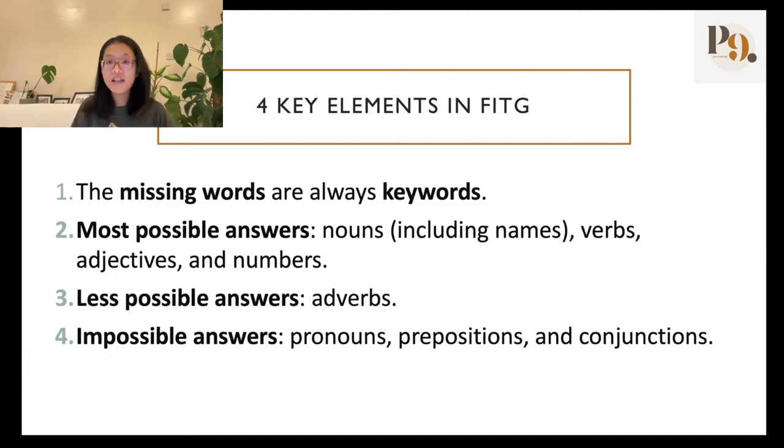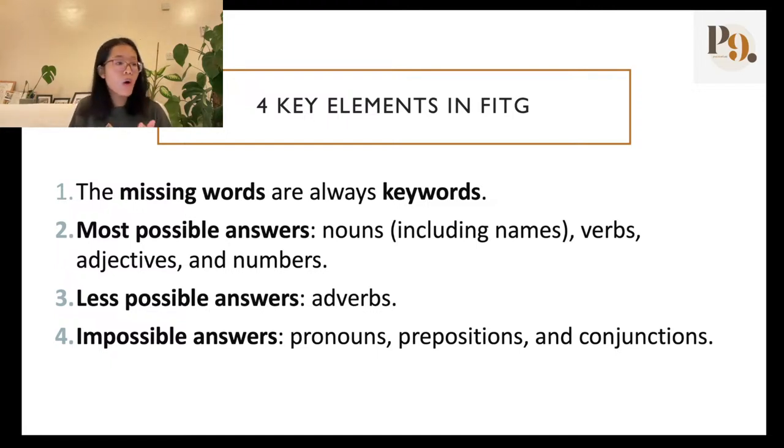So words like in, on, at, for would never be answers. Words such as and, but, however, those are also never answers to questions in fill in the gaps.